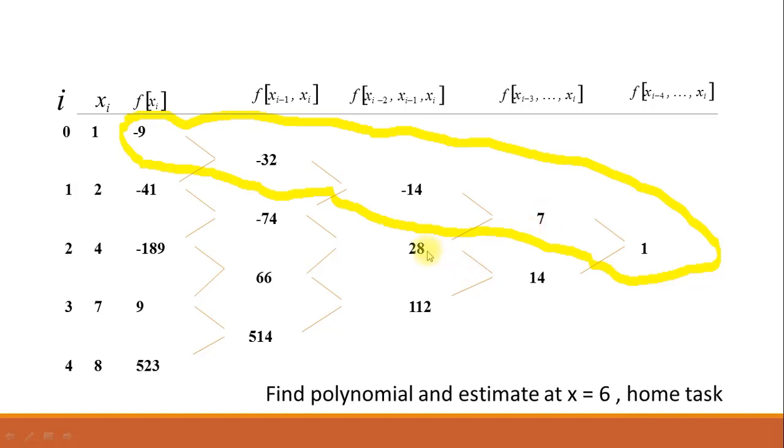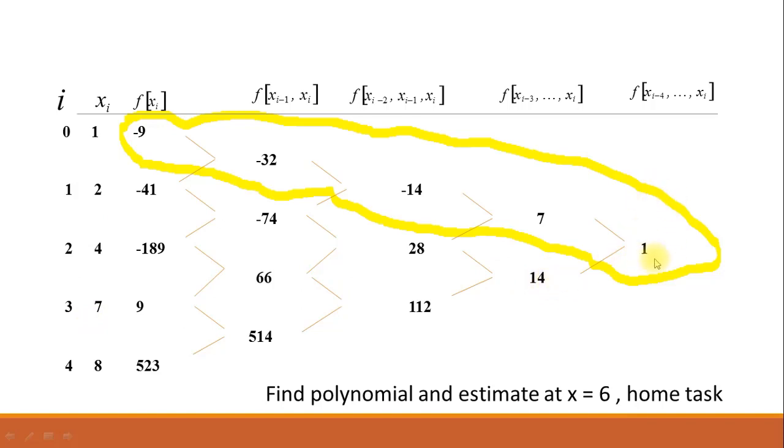Now subtract 28 from 112, and skip 4 and 7 in this column and subtract 2 from 8, and then divide the difference of these numbers by the difference of 2 and 8, we get 14.